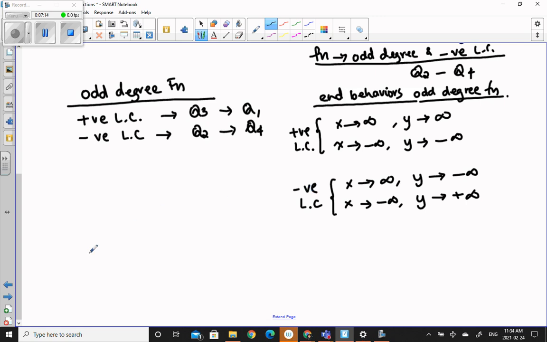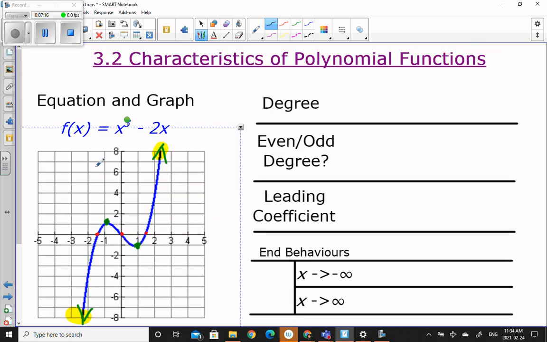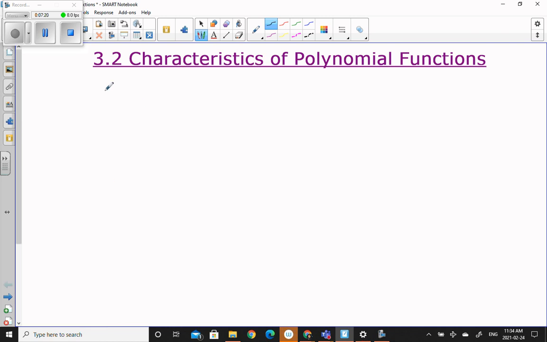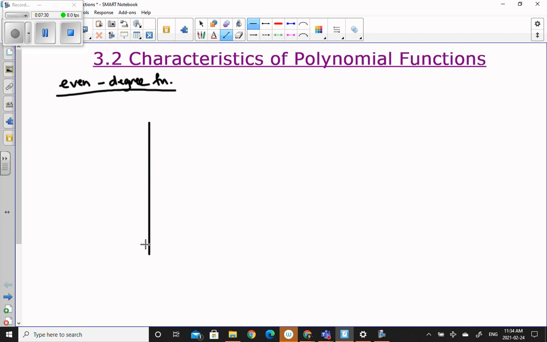We also want to look at now what does it look like for a function that is an even degree function. So we looked at odd degree functions. Now we're going to look at even degree functions and see their characteristics. So I'm going to draw a grid here and take a very basic function.